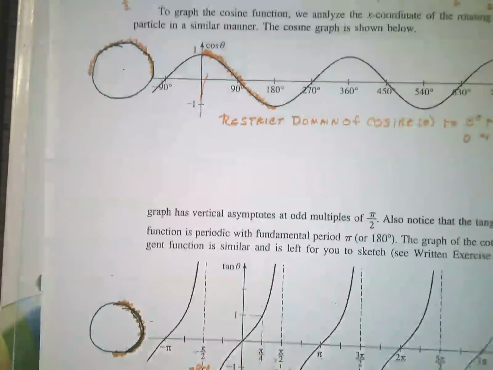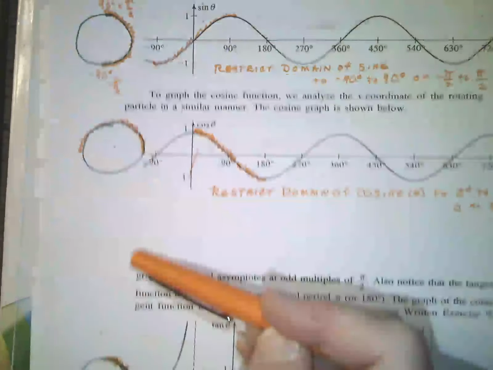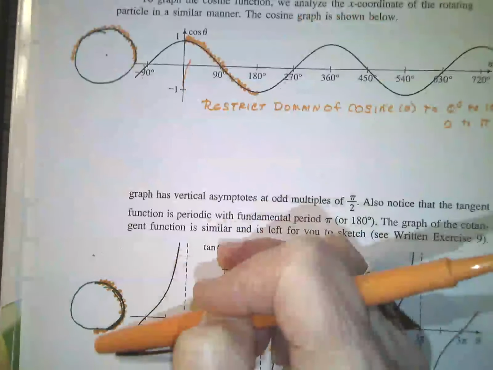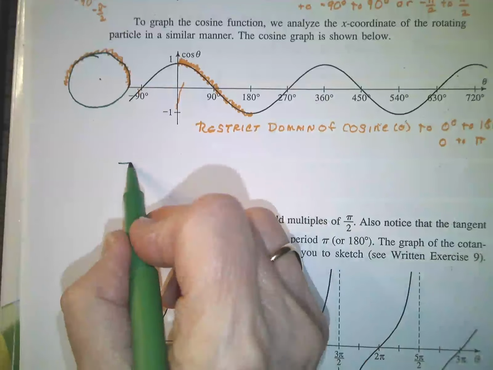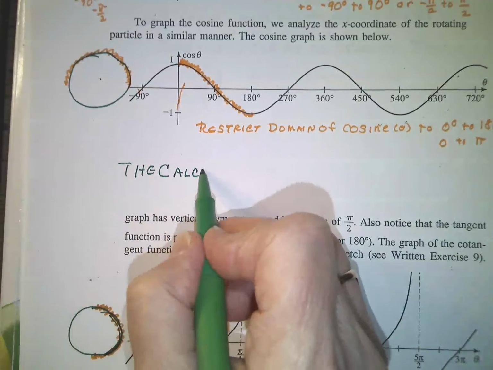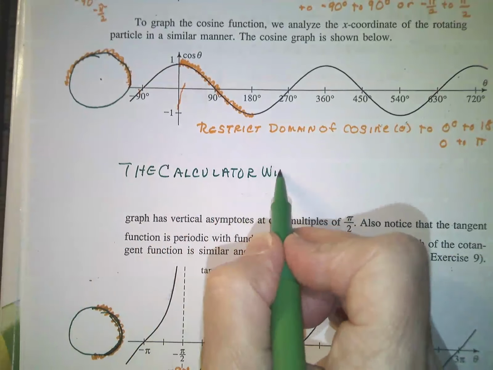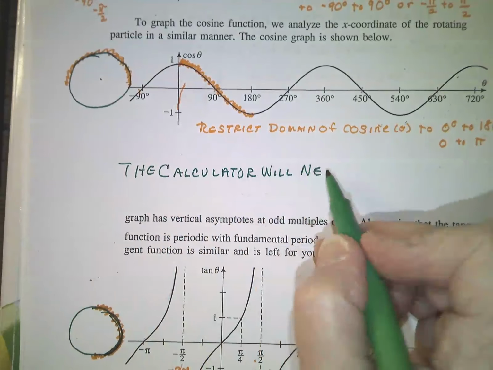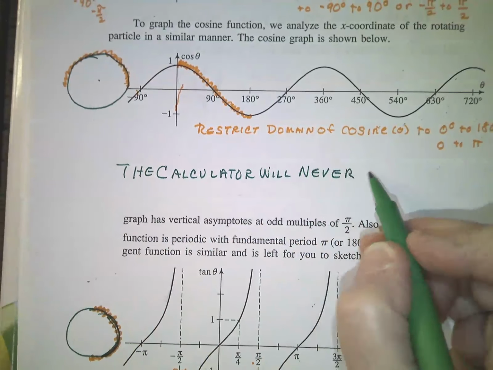If you notice, we have the right half of the circle. The calculator will never give us an answer that's in the third quadrant. Now there are angles out there in the third quadrant.